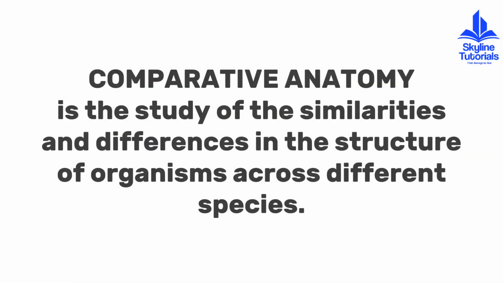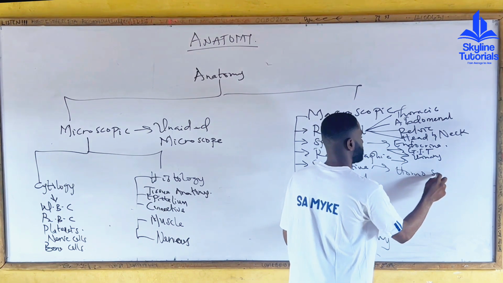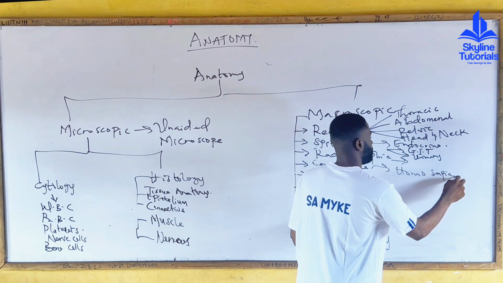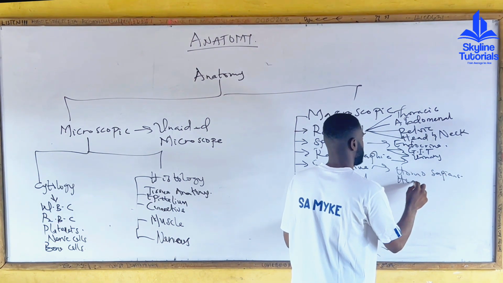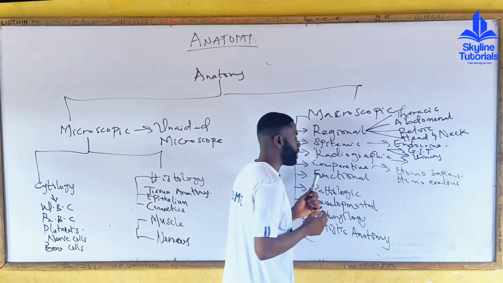The next we have is comparative anatomy. Comparative anatomy simply is the study of the structures of different species. Okay, for example, if I want to make a comparison between Homo sapiens and Homo erectus, we make use of comparative anatomy.